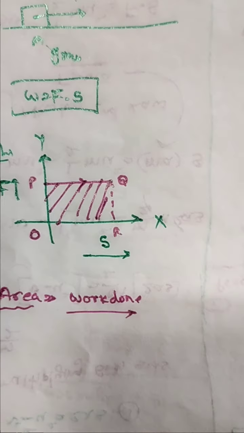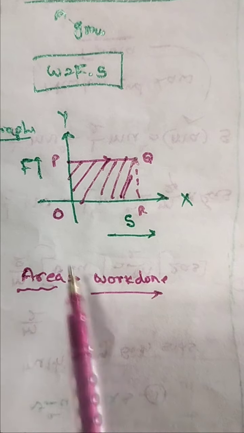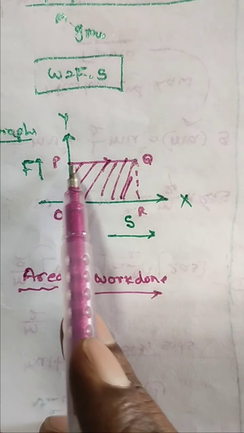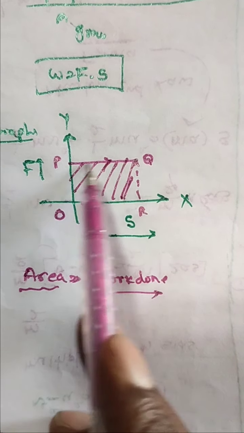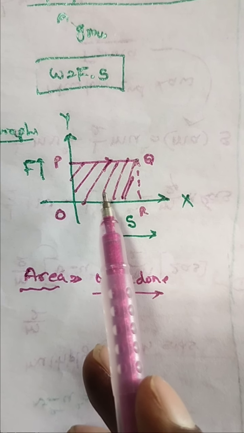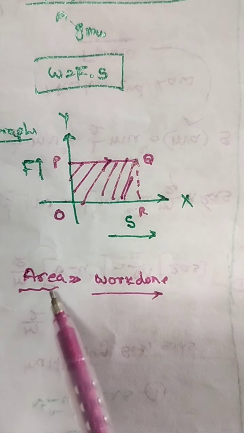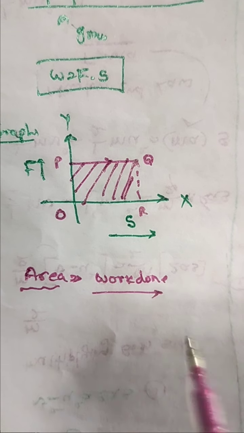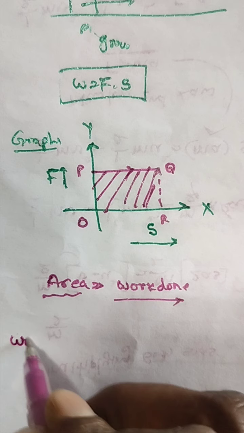What is the work done in this case? The force is constant, so we draw one line PQ. The complete area inside is equal to the work done by the force. So how do we calculate the work?